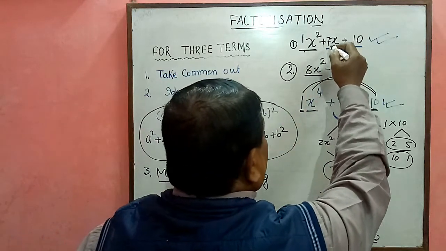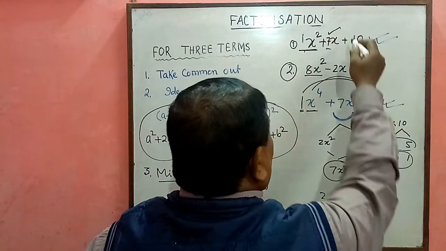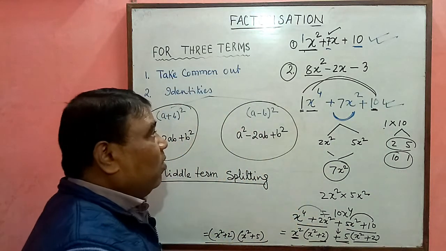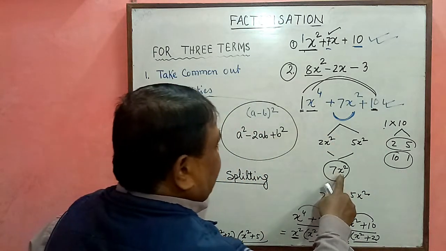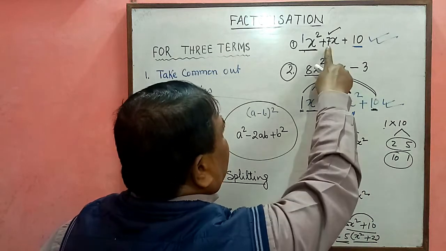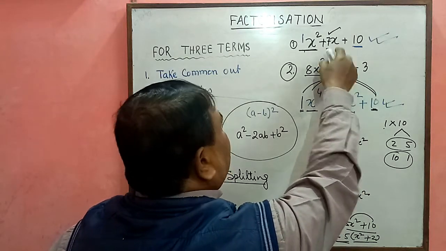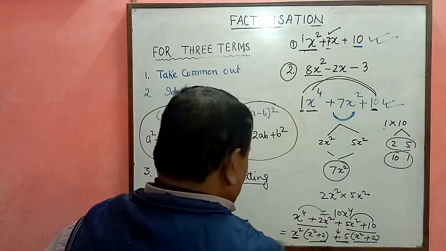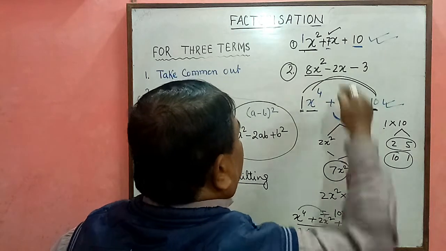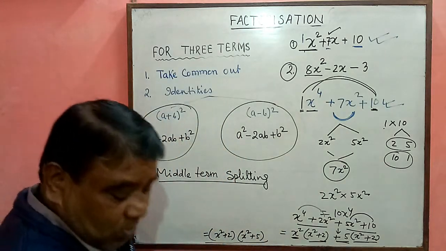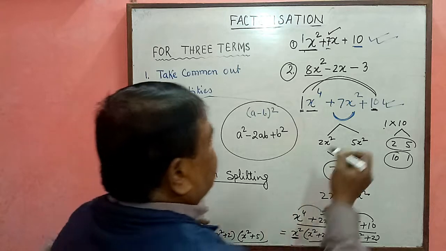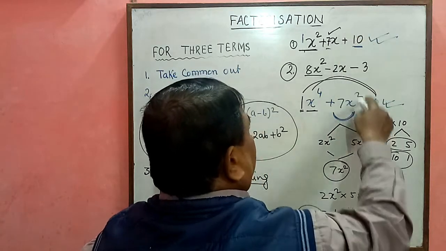I have solved this one, so you solve the other and try at home. It will be only, instead of x square here, it will be x, 2x plus 5x. Then we take common out and this will be formed. This way you can do this. Now here, I was talking about the positive sign.